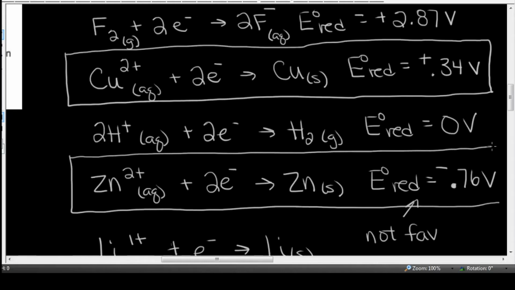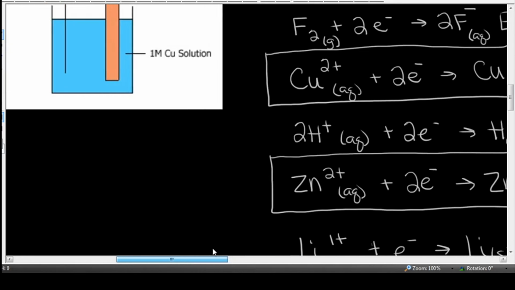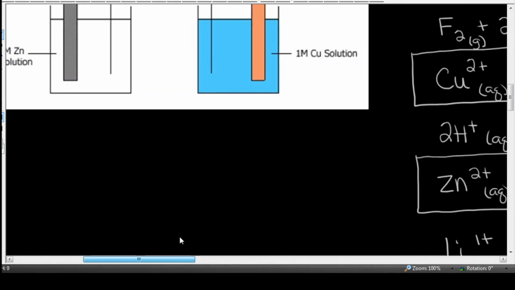We can take advantage of this difference in reduction potential between zinc metal and copper metal to create a spontaneous flow of electrons from zinc to the copper. So let's take a look at our electrochemical cell, and we'll come back to these reduction potentials in a second. Okay.